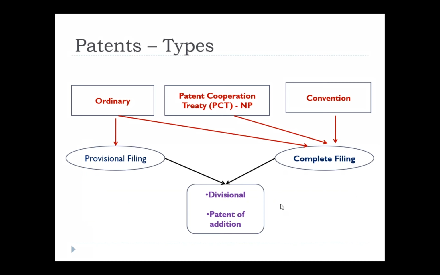Here, PCT means Patent Cooperation Treaty, and NP stands for National Phase. I'll give a small glimpse about it. PCT is the treaty signed between 152 plus countries all over the world, just to speed up the process.